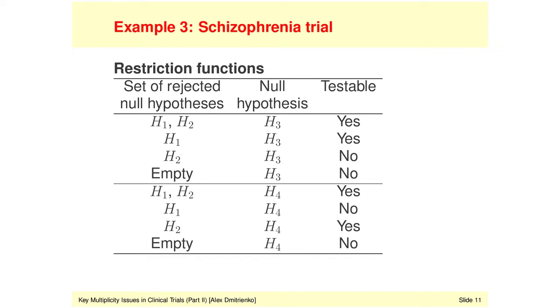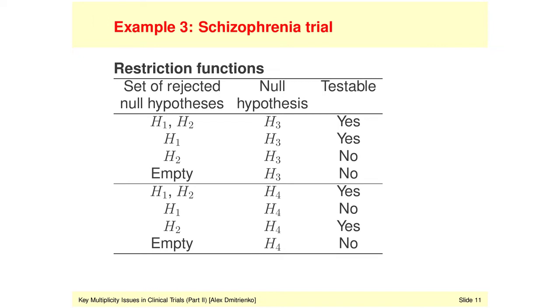For example, if we take a look at the top row in the table, we see that in this particular case, both hypotheses in the primary family are rejected, and then H3 will definitely be testable because the corresponding secondary endpoint test is clinically relevant. But by contrast, when we look at the third row in the table, that is the setting where only H2 is rejected.